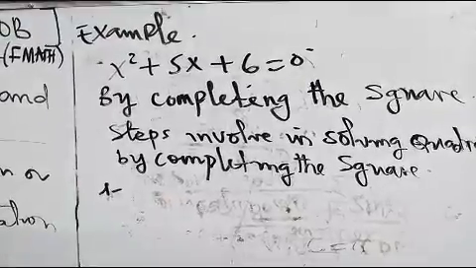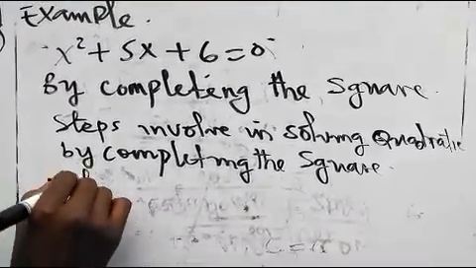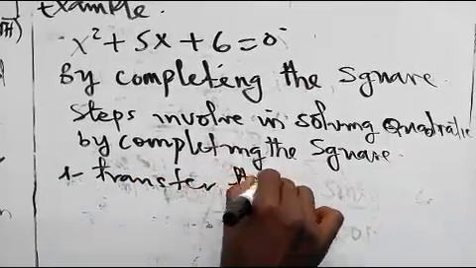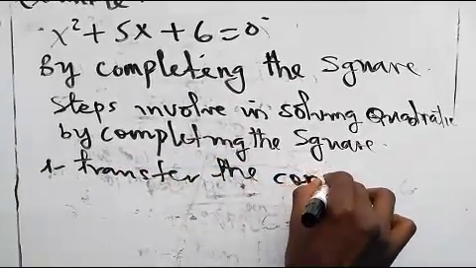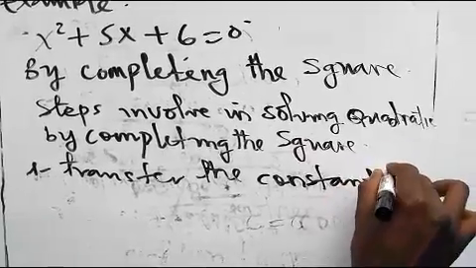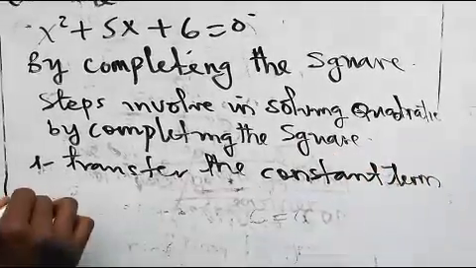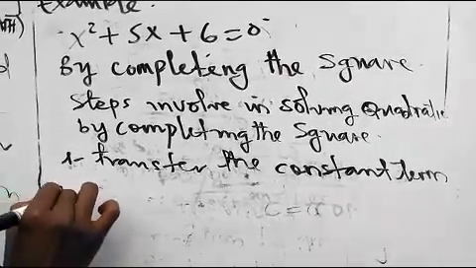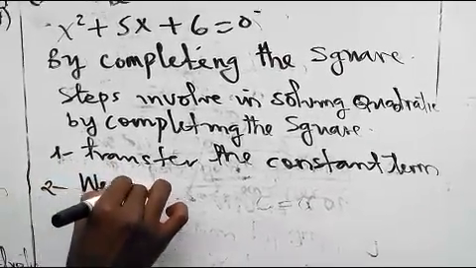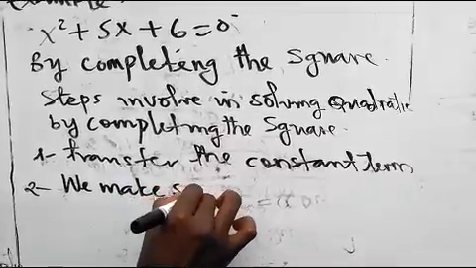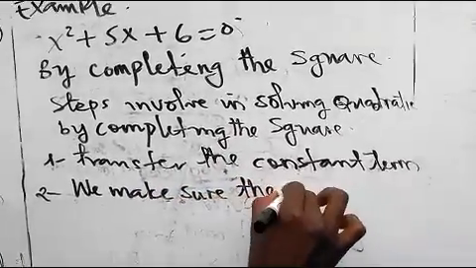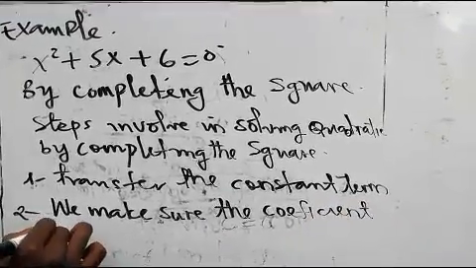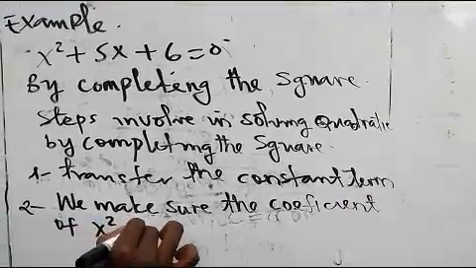First, we transfer the constant term. Secondly, we make sure the coefficient of x squared is 1.